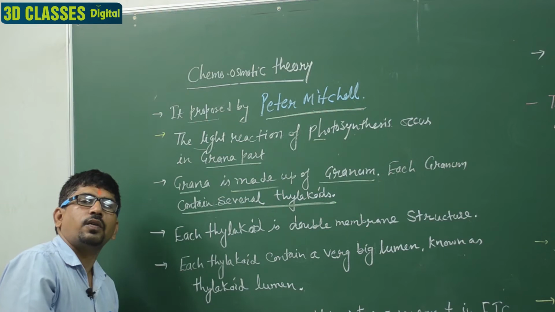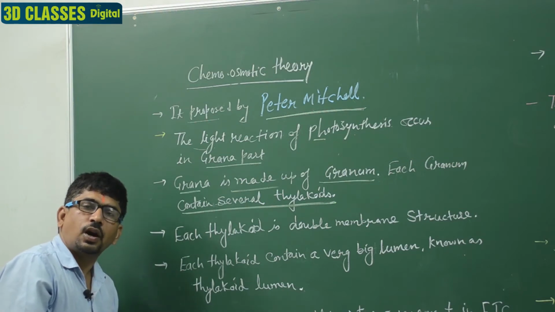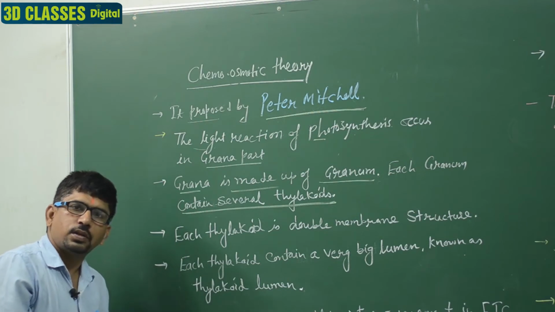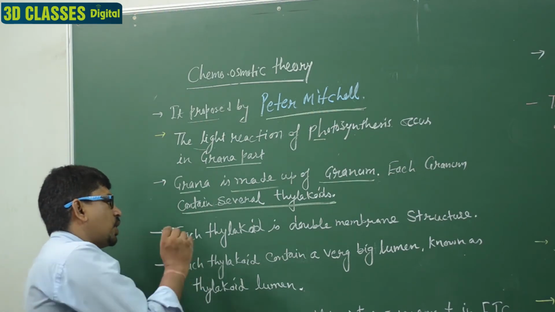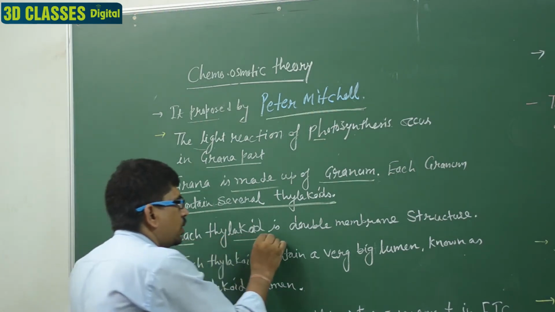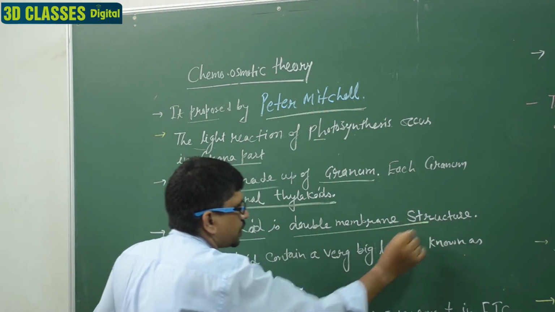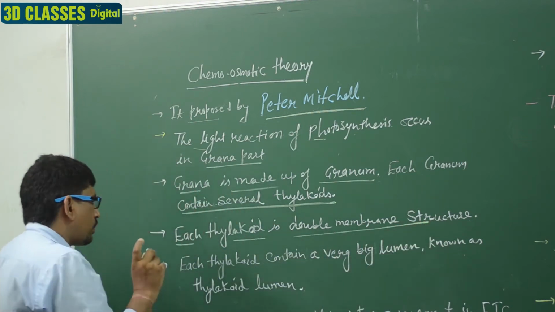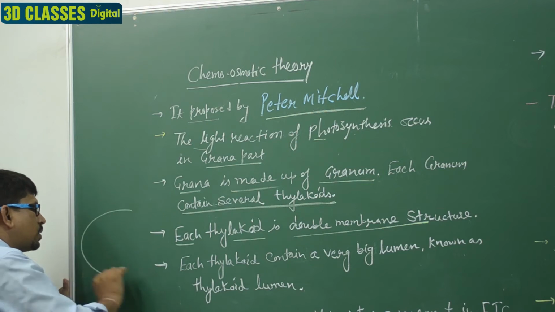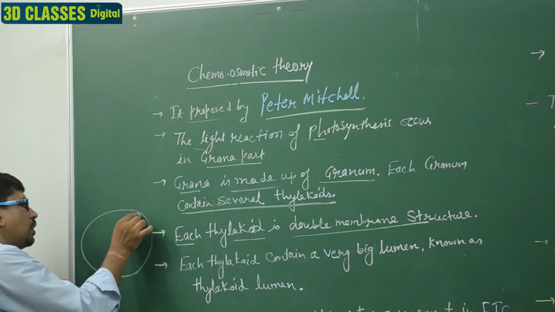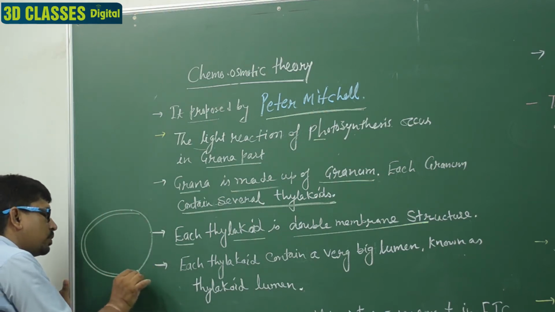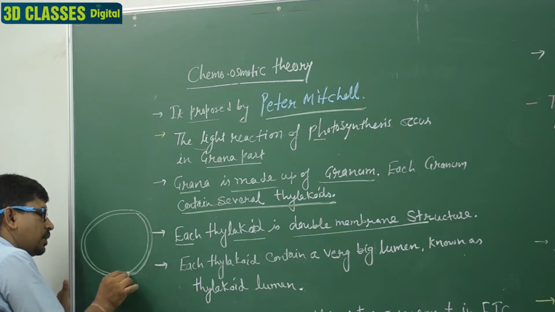Like a stack of coins, that is the thylakoids. Each thylakoid is a double membrane structure. Clear? Again, repeat, it is the structure of the chloroplast. Chloroplast is a double membrane bound cell organelle like this.